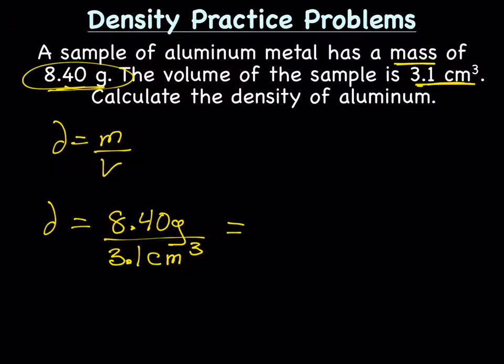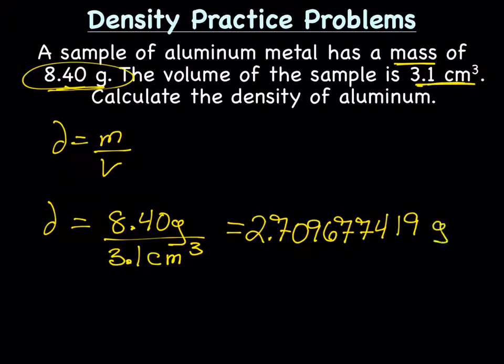So now we'll just divide, and that'll give us 2.7096777419. And then we now have the units grams per centimeters cubed.